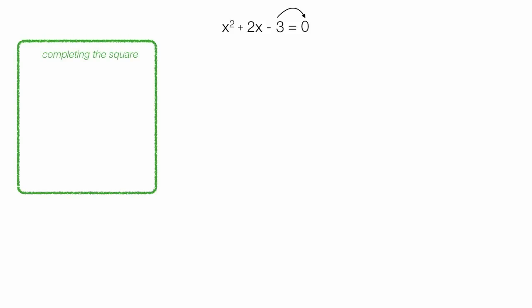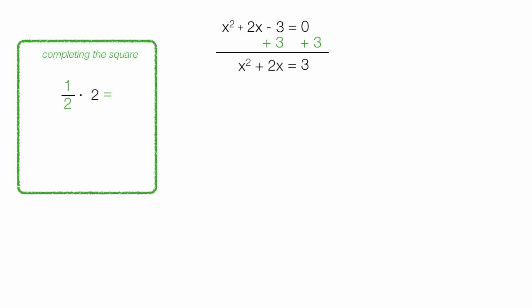The first thing I'm going to do is put 3 on the other side of the equation. And I accomplish that by adding 3 to both sides of the equation. And this gives me x squared plus 2x is equal to 3. Now I take 1/2 times that 2. Should be 1/2 times 2.